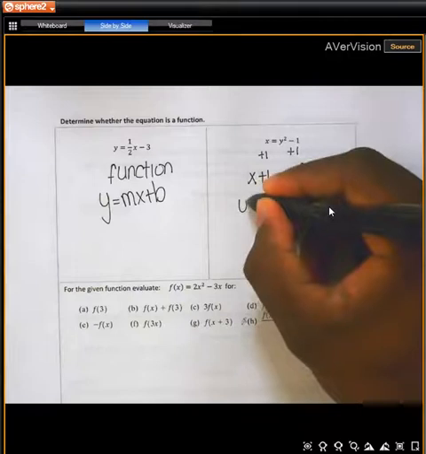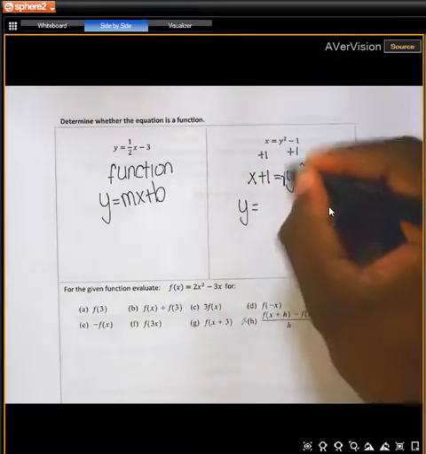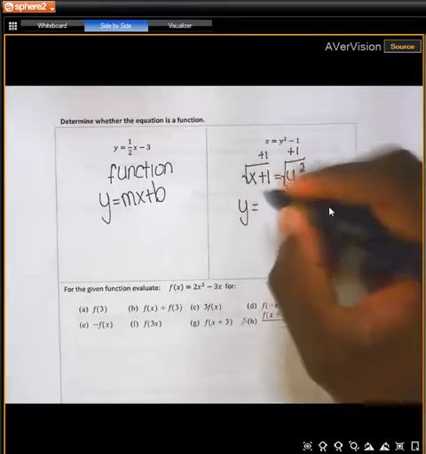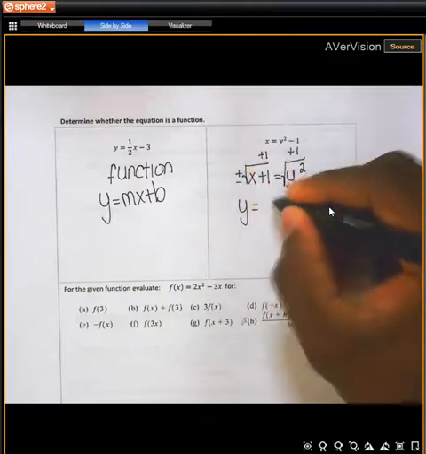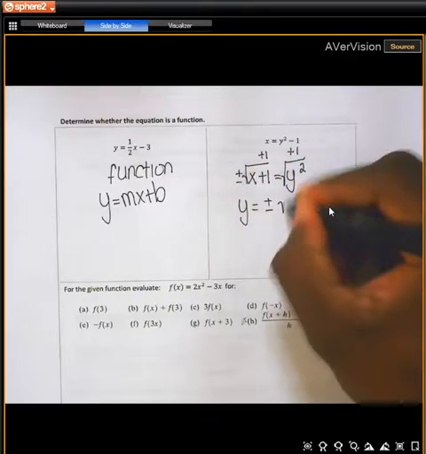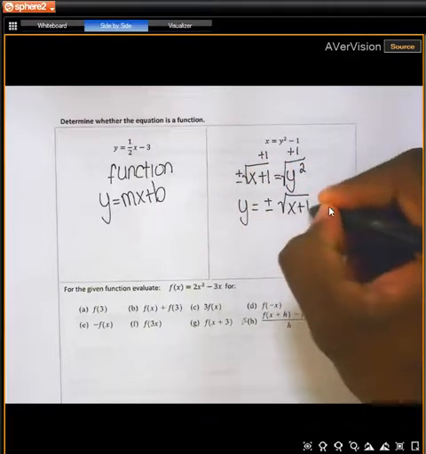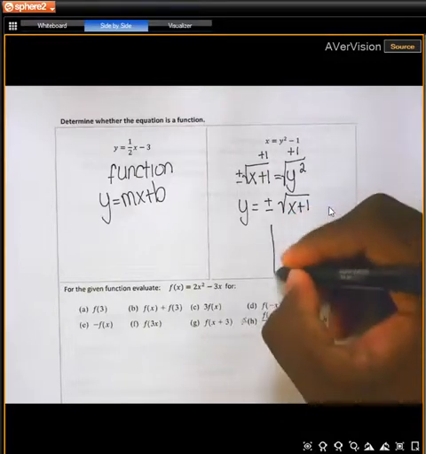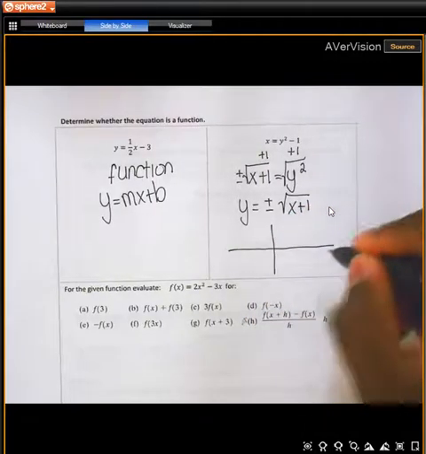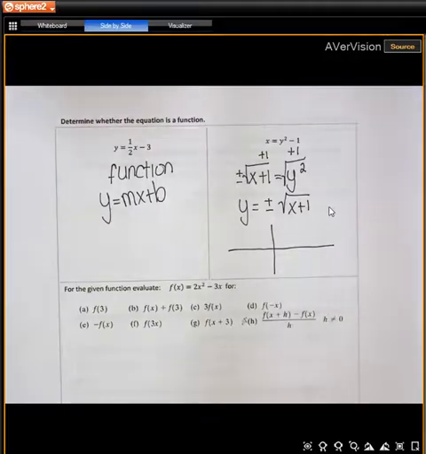If we solve for y for this one, we have to take the square root of both sides, right? Who remembers what square root functions look like from Algebra 2?